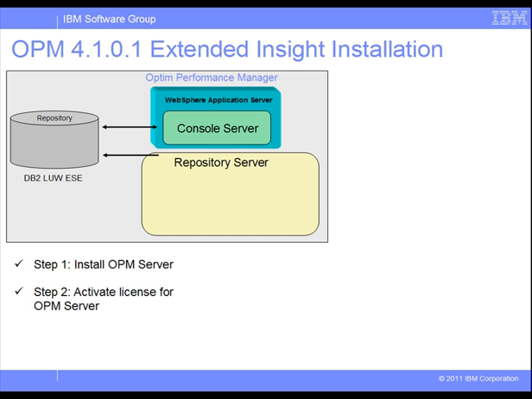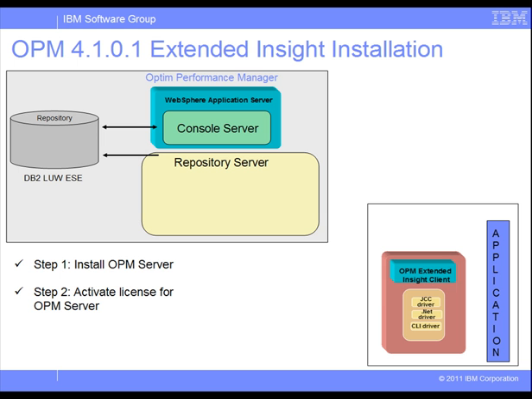The Optim Performance Manager Extended Insight feature contains a server component and a client component. The Extended Insight client component is collocated with the database applications that access the monitored DB2 database.